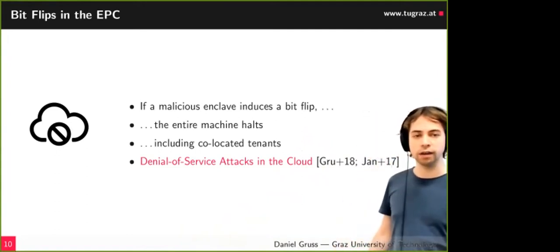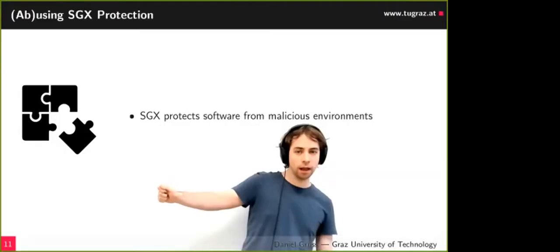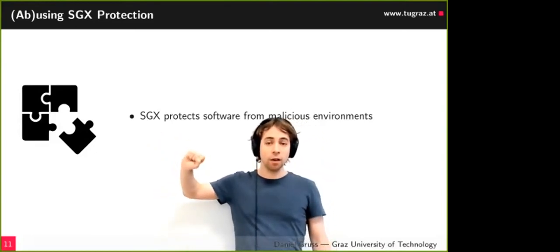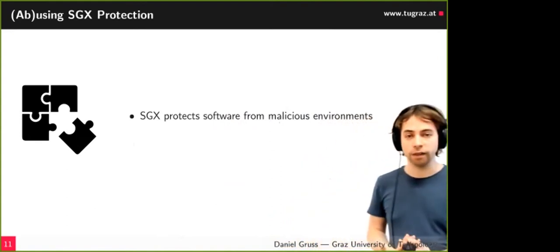In 2017. We also went one step further and combined this with not hammering the SGX EPC memory, but hammering the normal world memory. And what happens? SGX protects software from malicious environments. We just said that.